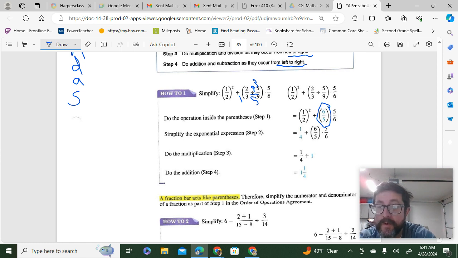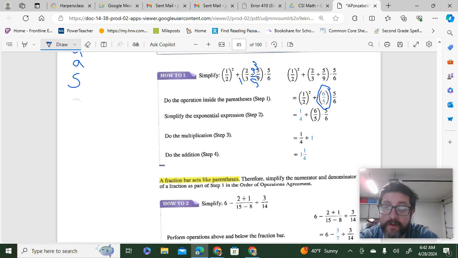Once we do that, 6 times 5 is 30, 5 times 6 is 30, 30/30 is equal to 1 whole. Now we're down to 1/4 plus 1. So we go 1 and 1/4 is our final answer.